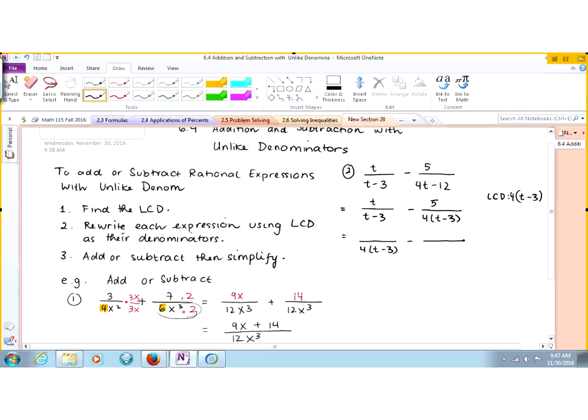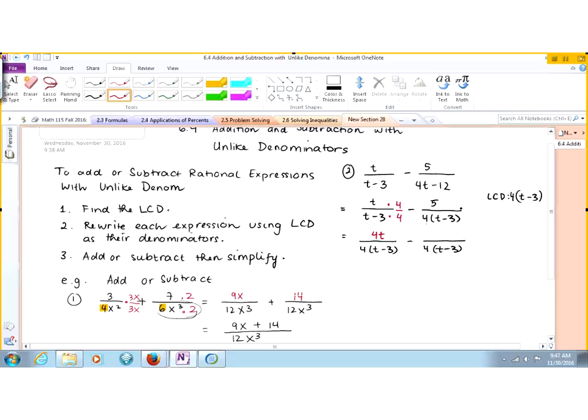So this is 4 times (T minus 3) minus 4 times (T minus 3). Now, this is T over (T minus 3). What am I missing? 4 over 4. So what do I have on top? 4T.